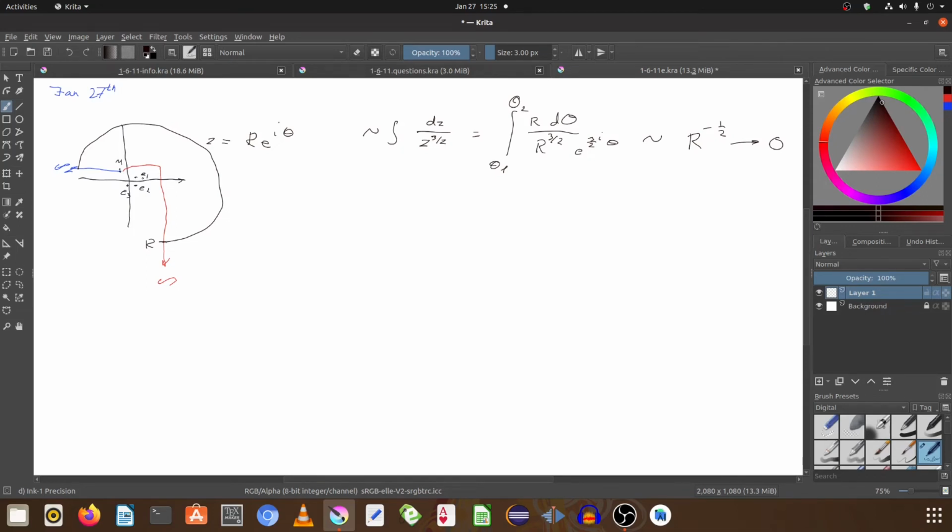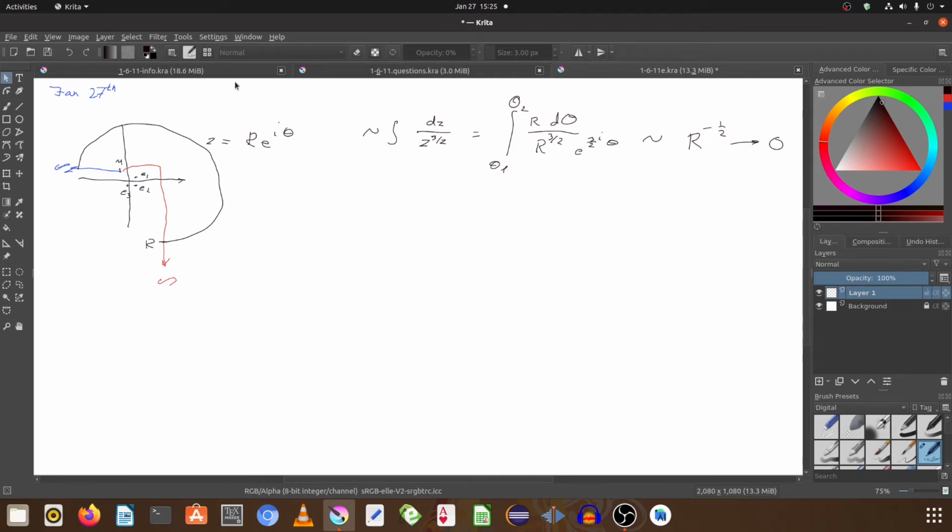So that means that as long as we evade all the three roots, that means that this area contains none of the roots, then it'll give the same result.